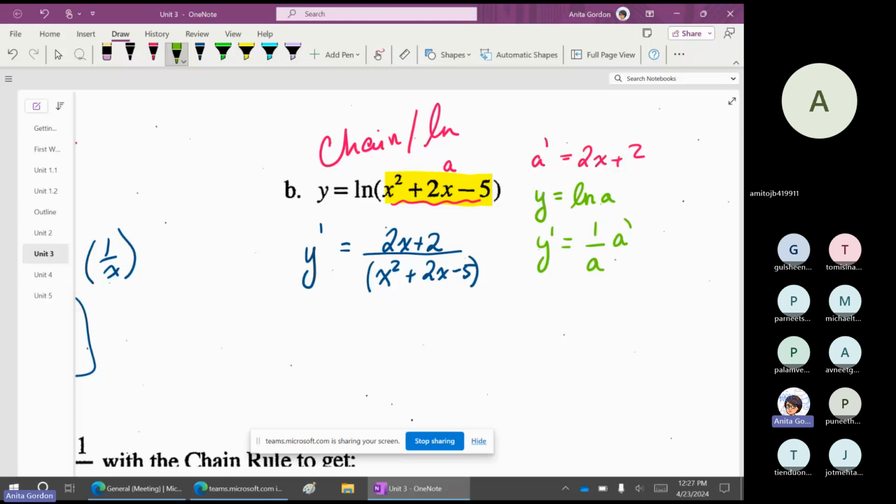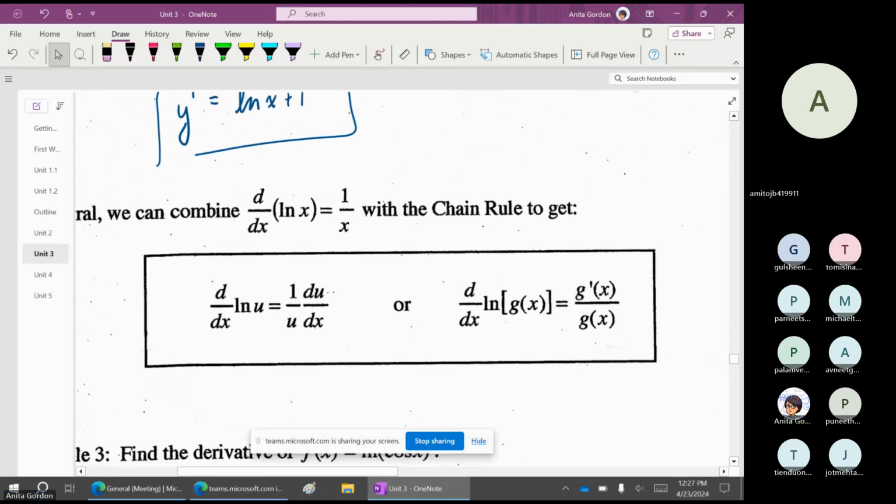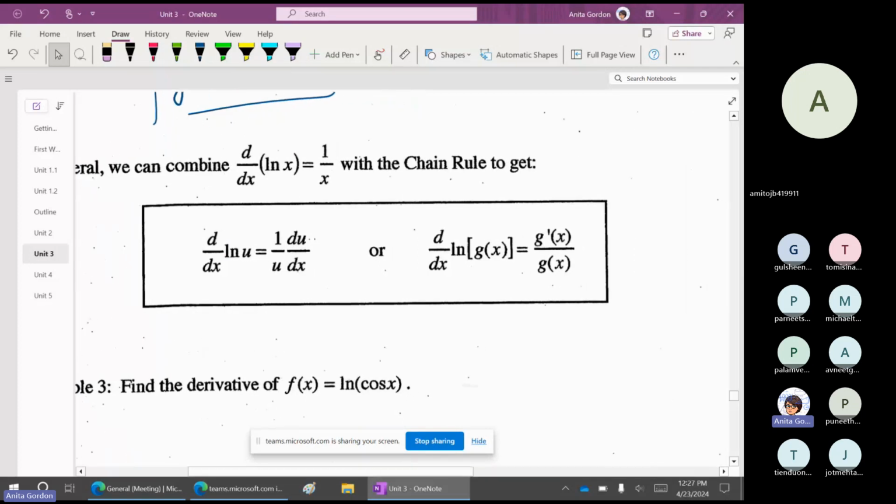Are we okay? Can I move on? Okay, let's go on. In general, we can combine the derivative of ln x with the chain rule, and the general rule will be this. If you have a derivative of a ln with a chain rule, so a function inside, it will always be derivative of the inside over whatever's in the inside as is.